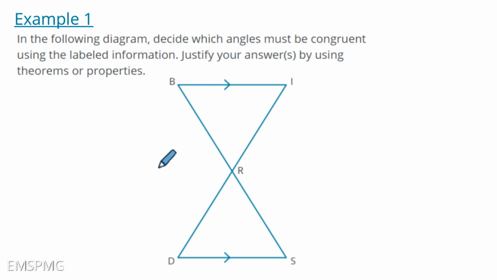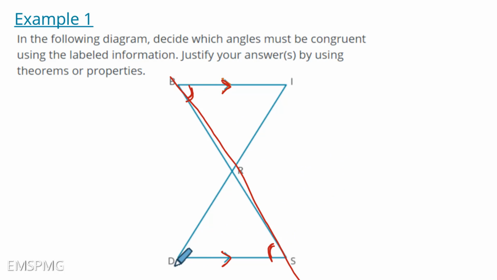Let's try one more. We have two triangles that are crisscrossing here, and we see that this is perpendicular. Let's get out some red. This is parallel to this line, and so that means that we have a transversal going through here. So this angle is congruent to this angle.